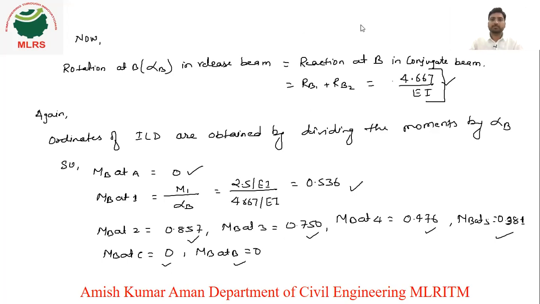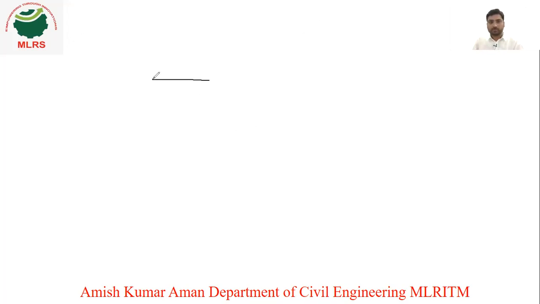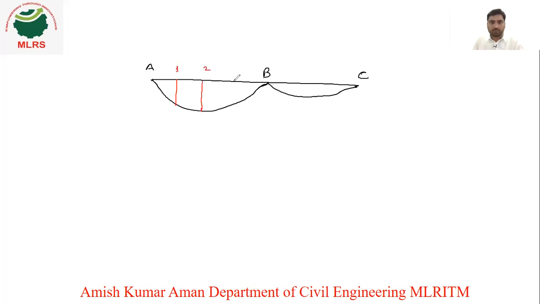So let's draw this. Let's say this is A, this is your B, and this is your C. So if you draw it, you will get it like this. Whatever the coordinates we got, if you draw like that, then this is coordinate number 1, this is coordinate number 2, this is coordinate number 3, this is coordinate number 4, and this is coordinate number 5.